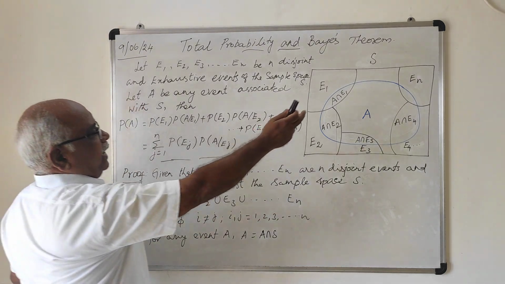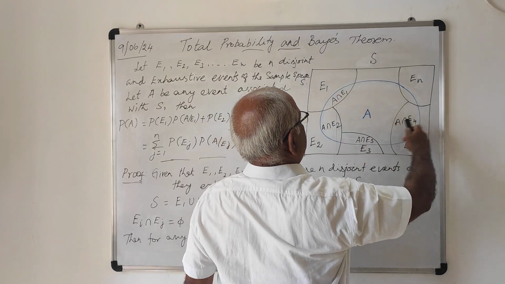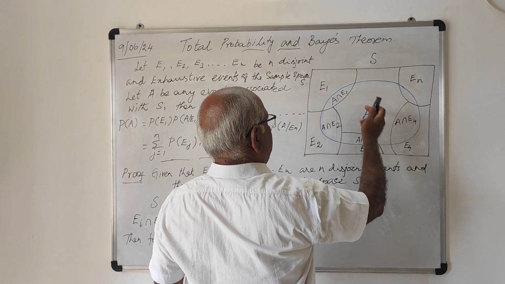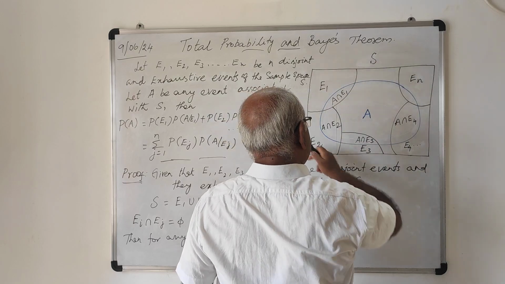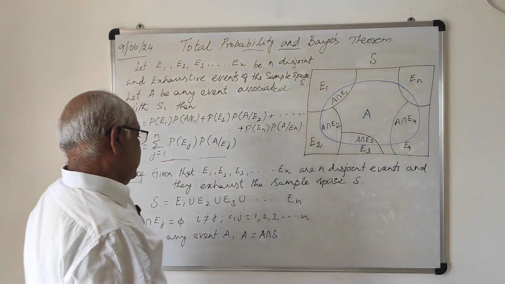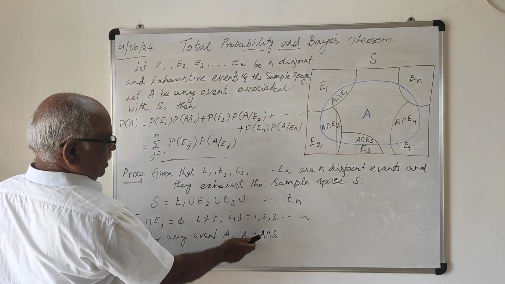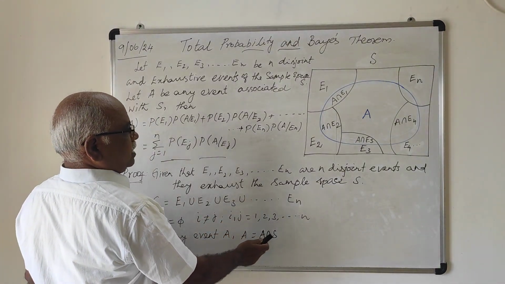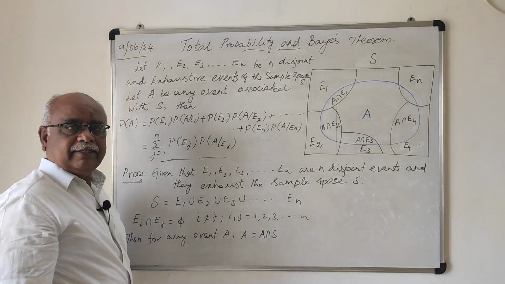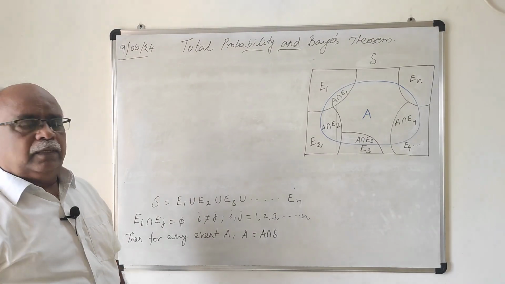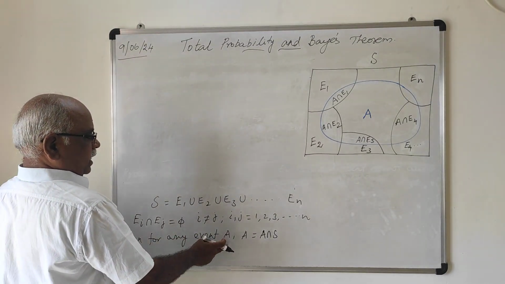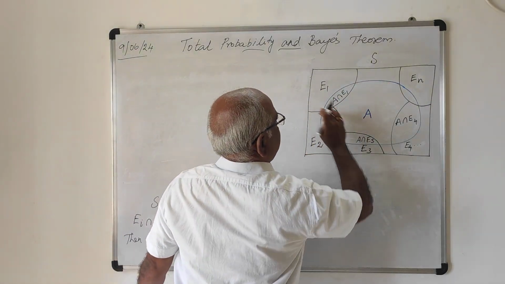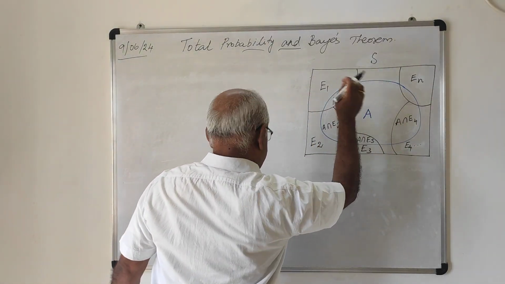Then for any event A in the sample space, A is the intersection of A and the sample space. A is the event such that A equals A intersection S. Now any event A intersection the sample space S is A itself.